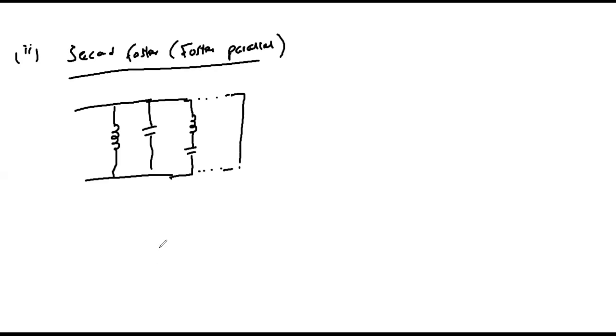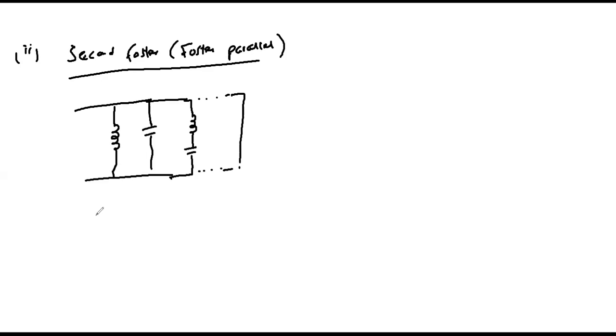Now you notice that our implementation is in terms of admittance as opposed to impedance, and therefore we will implement the Foster parallel network using the admittance transfer function as opposed to the impedance transfer function.